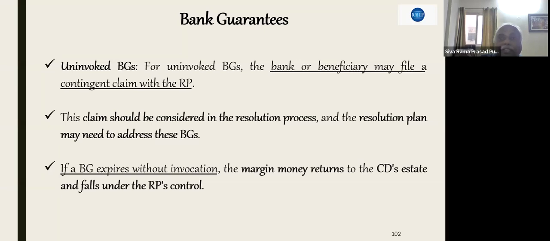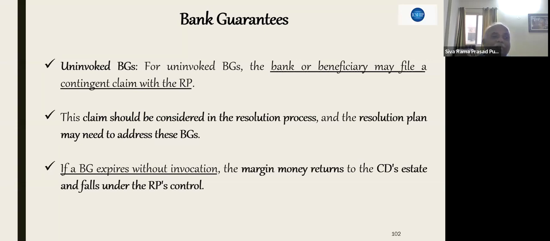Today, it is not claimed. So far, not claimed. When he will invoke, I don't know. I should not give any pressure to invoke. But this is a contingent liability. It becomes a liability in future. And once the expiry date is over, then it is not a liability.